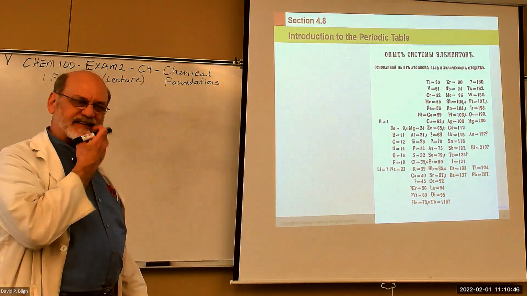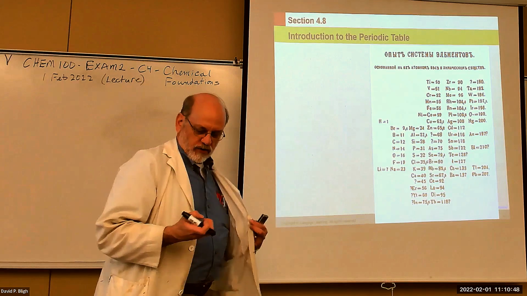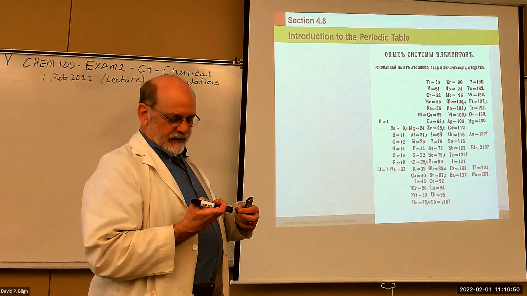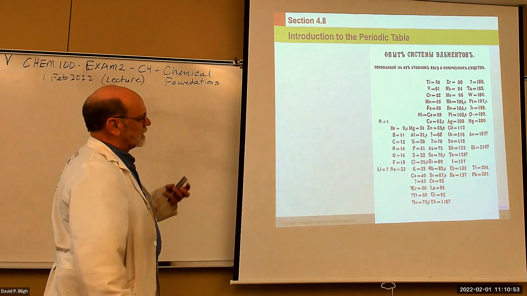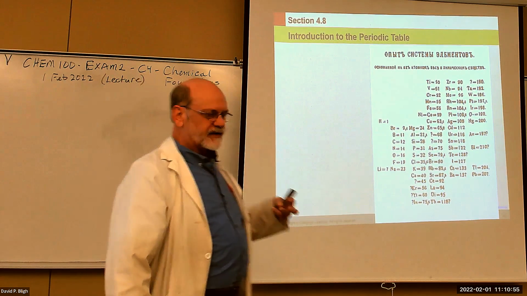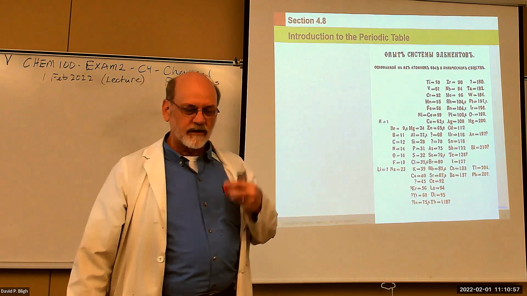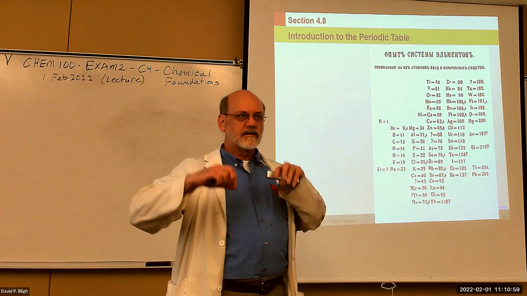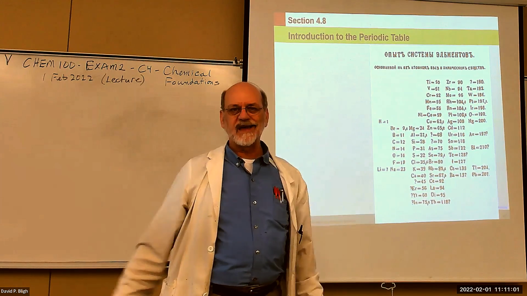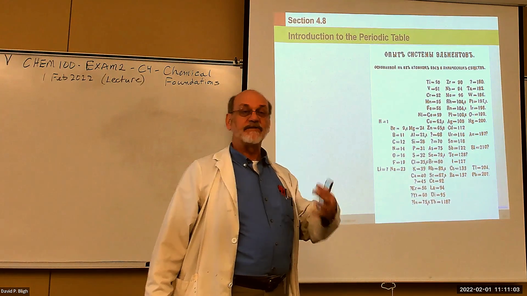Now, how about the periodic table? What are its origins? Well, the periodic table, like I said before, is one of those things that just didn't explode full blown out of somebody's head. It came from developments.